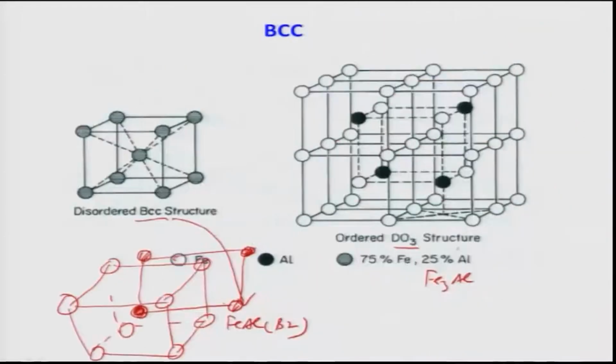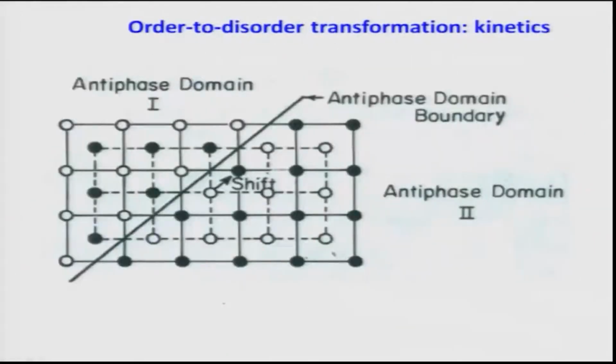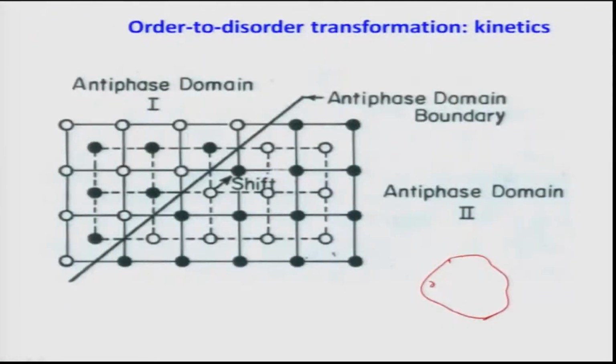If that is the case, then how does ordering actually happen? Well, let us consider a situation like that: the ordering process taking place inside a grain in many places. When the ordering happens, from alpha to the L12 structure, whenever it develops in a grain, it can happen in many places, just like a nucleation process.